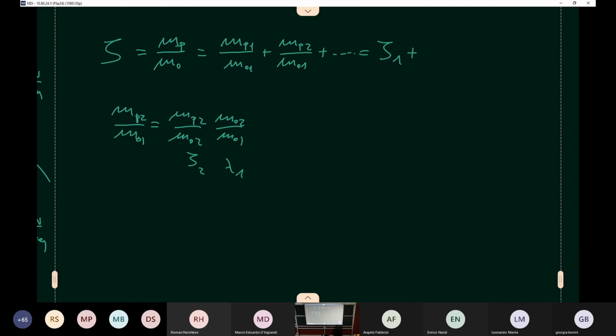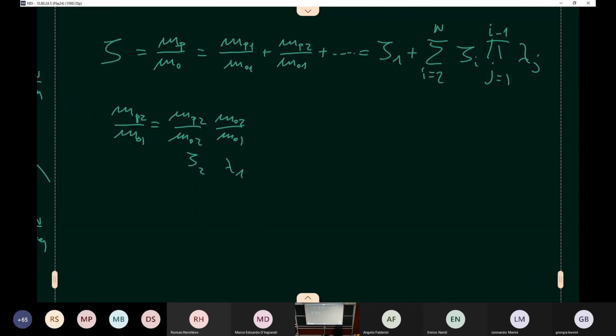So that we can write the sum for i equal 2 up to n of zeta i times the product for j equal 1 to i minus 1 of lambda j. This is the general expression.